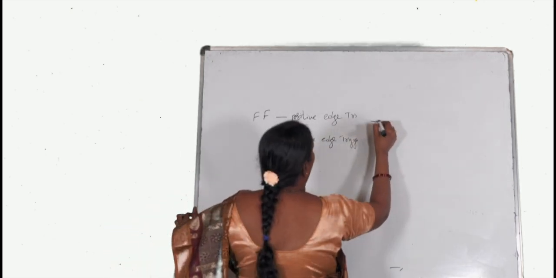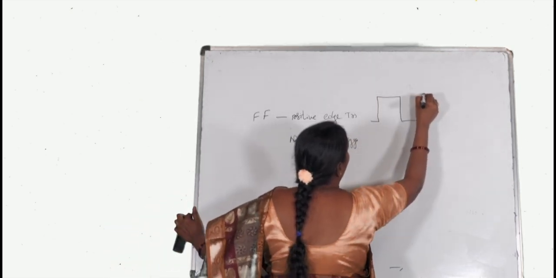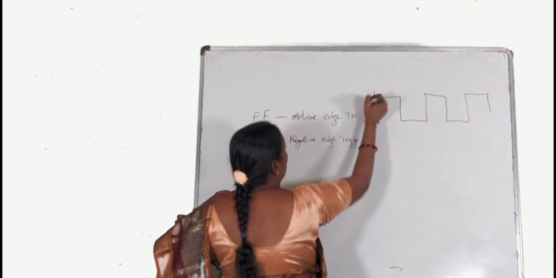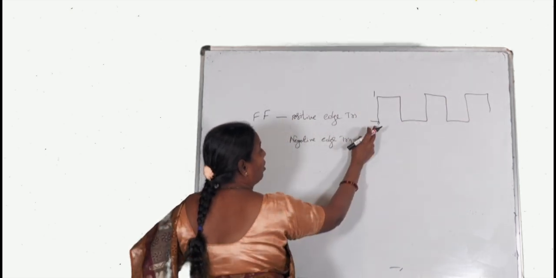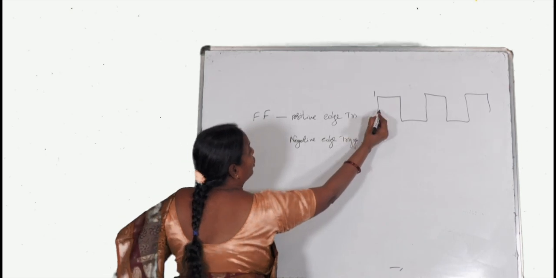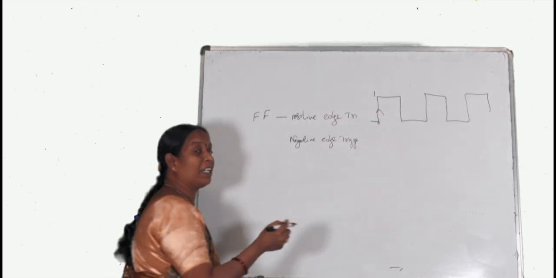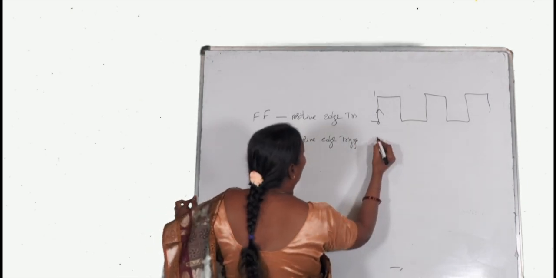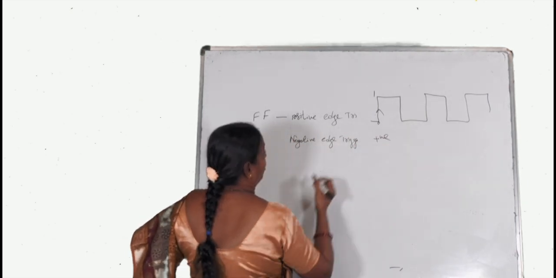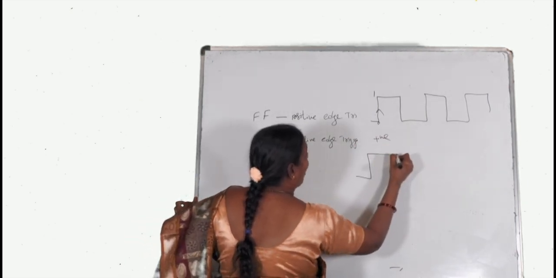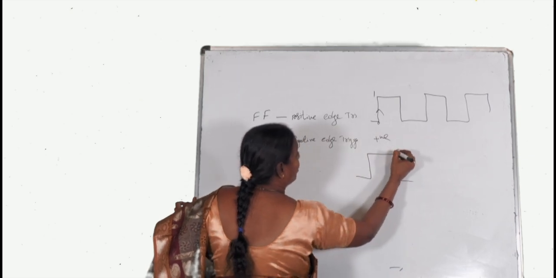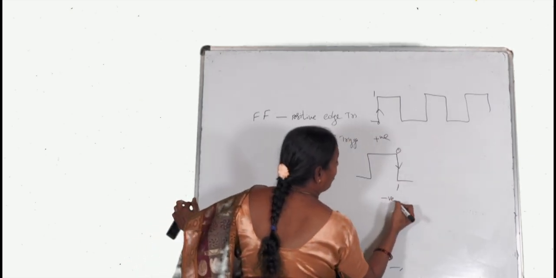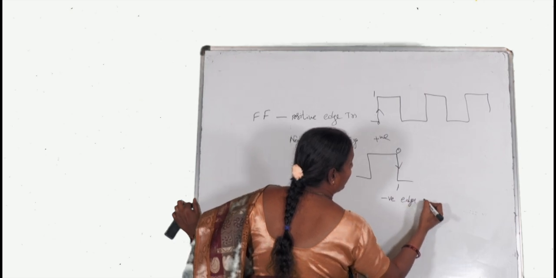In the clock, if the signal rises from 0 to 1, at that time the output is going to vary. That we call a positive edge trigger. And if the signal goes from 1 to 0, a negative transition, we call it a negative edge trigger.